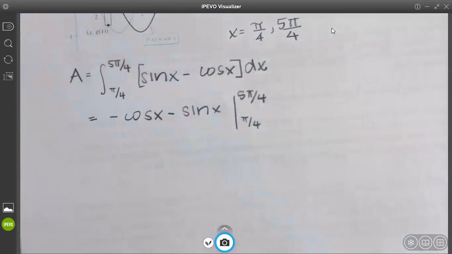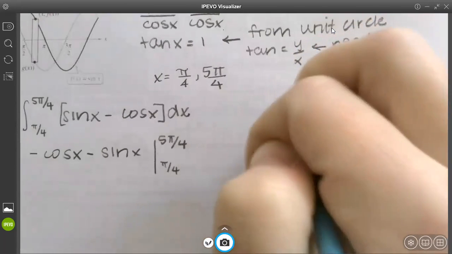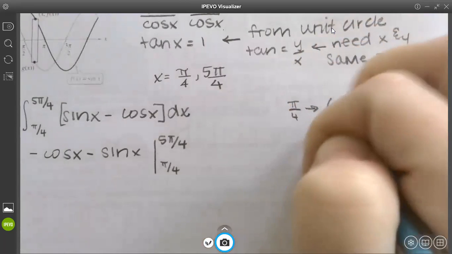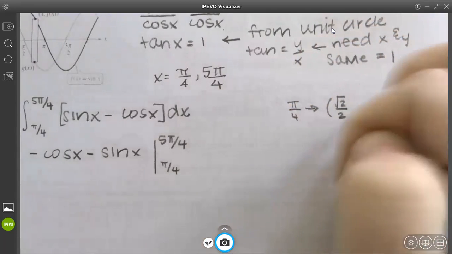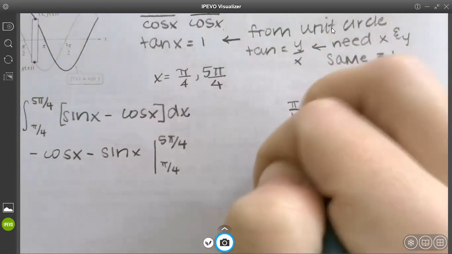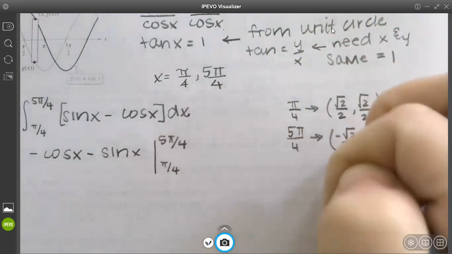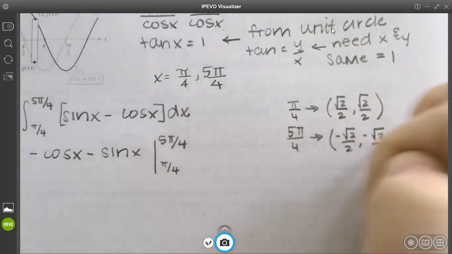So your two coordinates for pi over 4 are positive square root of 2 over 2, and for 5 pi over 4 they are negative.